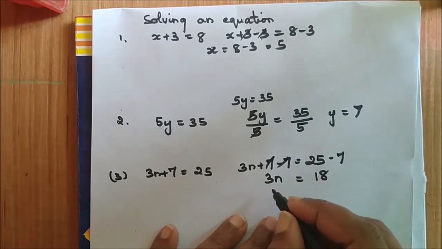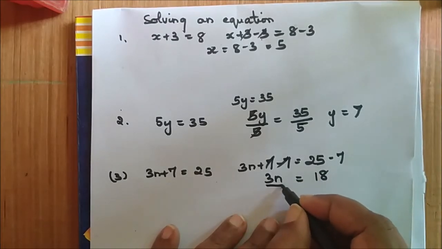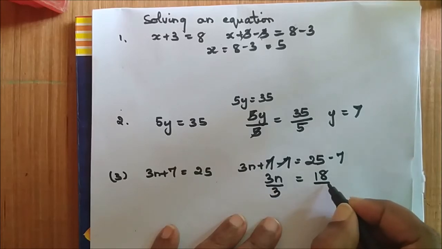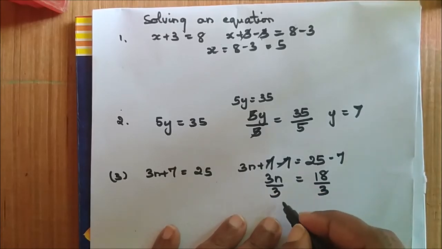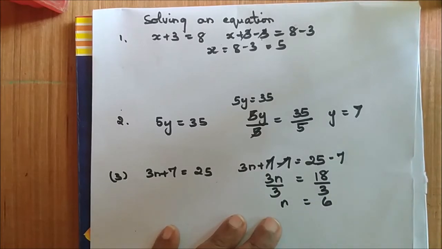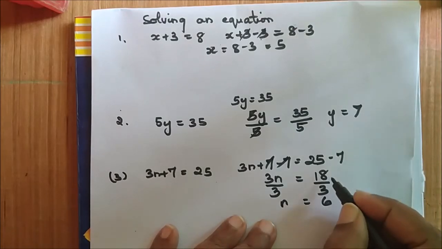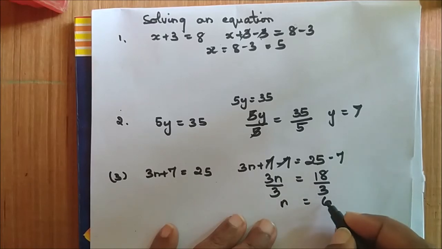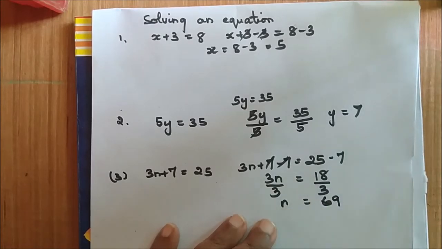Now I have to remove this 3. For that I have to divide by 3 on both the sides. I get n = 6. I hope you understood this. Is n equal to 6? Tell me. I'm sorry, n is not equal to 6. n = 9.